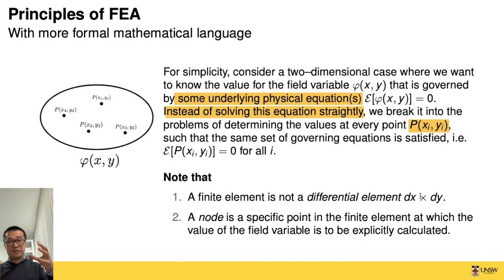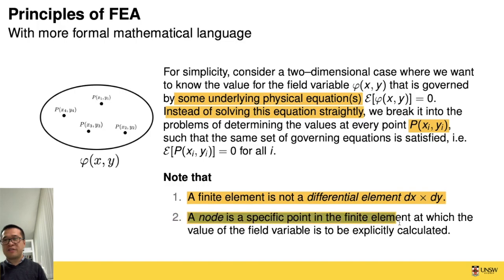I use a lot of analogy to differential calculus to explain how this whole thing works, but as we'll see later, this is not really a differential element, because you also need to consider the mechanical property, the material property inside your whole structure. And a node is a specific point in the finite element at which the field value is to be explicitly calculated.